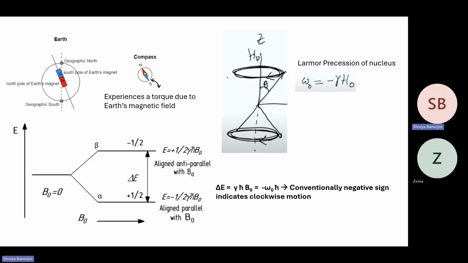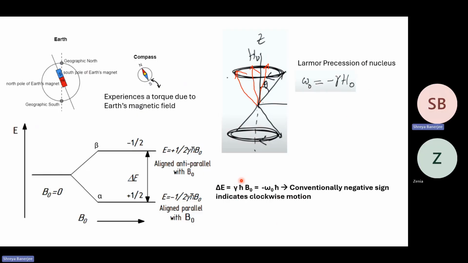One moment it is here, one moment it will come here, and so on. It will spin in this kind of conical fashion. This kind of movement is called Larmor precession, and the frequency of this spinning is called omega 0 or Larmor frequency, and it is defined as minus gamma H naught.